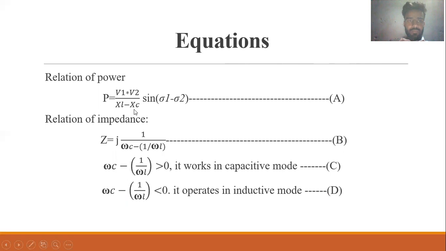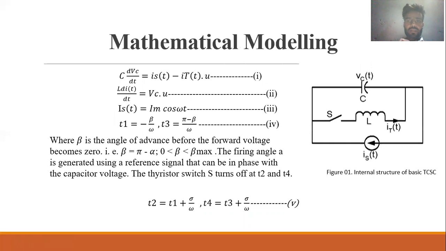So with reduced impedance, power losses get reduced, and power transfer gets improved. In the next equation, Z is equal to 1 over omega C minus XL. It shows that when it is greater than 0, it works in capacitive mode, and when it is less than 0, it operates in inductive mode.